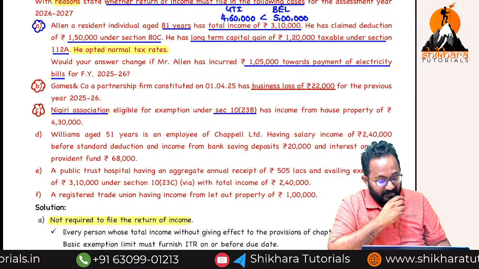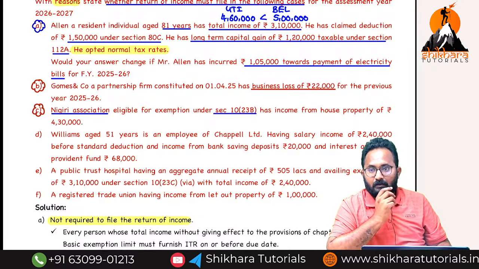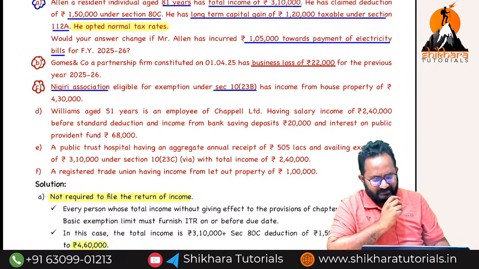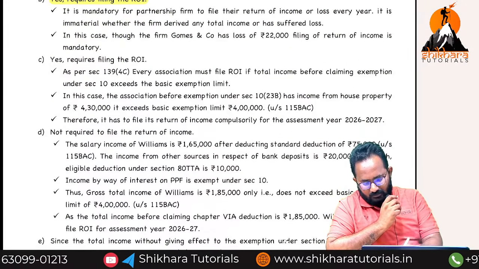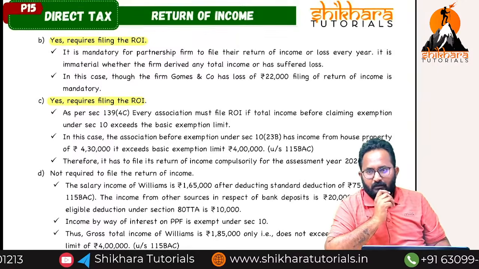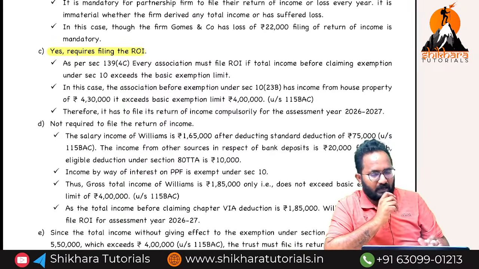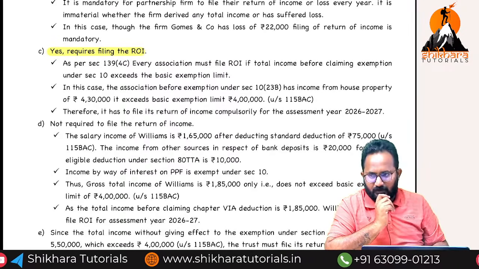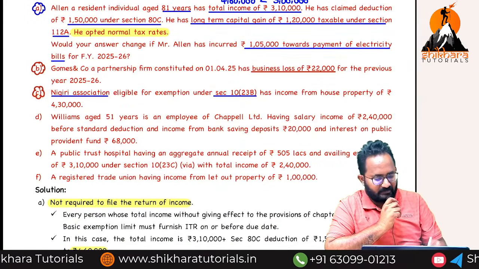Before claiming the exemption under section 10, if their total income exceeds what, Ma? The basic exemption limit. What is the basic exemption limit for the association of persons, Ra? AOP, association of persons. If they are following 115BAC, 4 lakh. Otherwise, 2,50,000. Here we are not given any information regarding which regime.